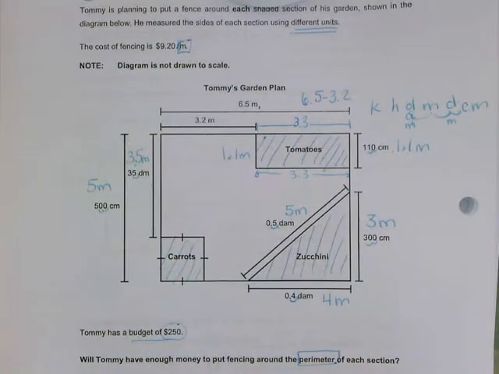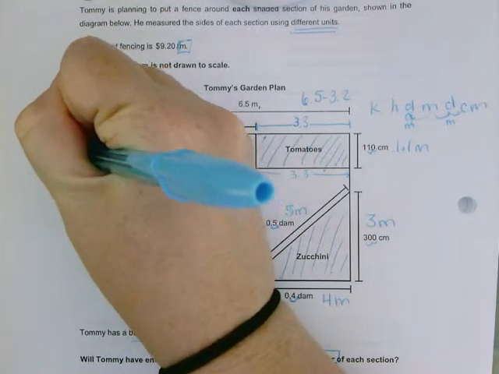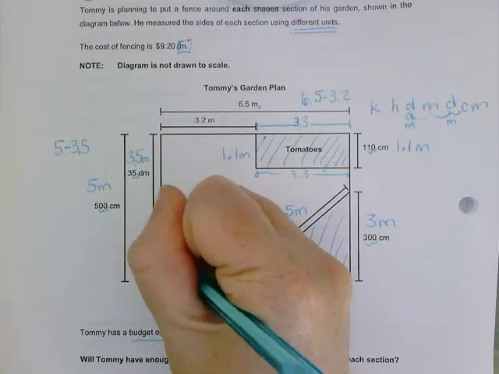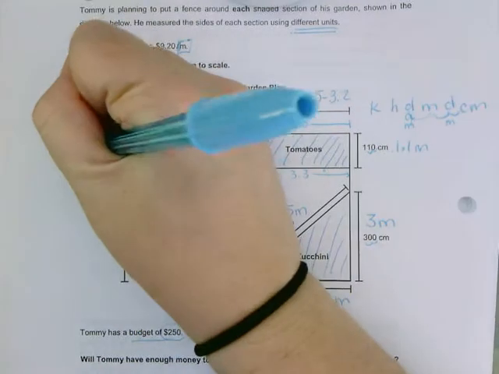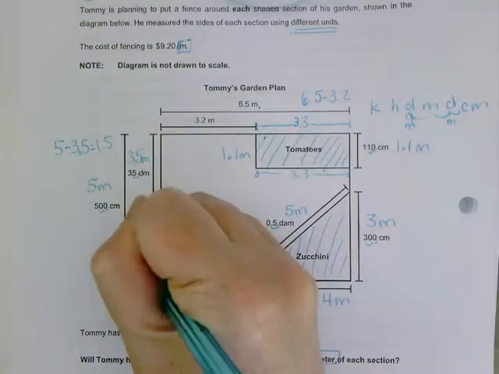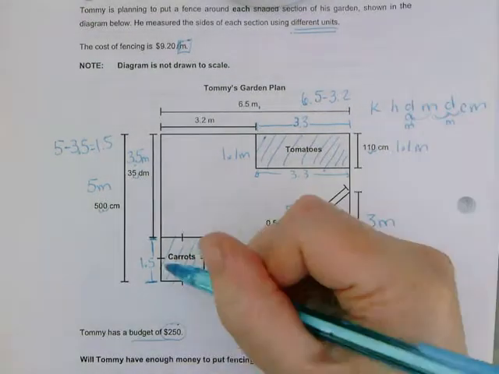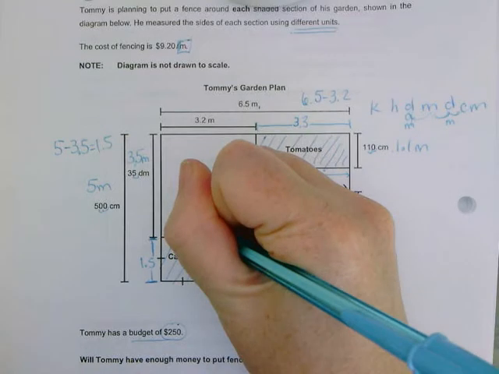Okay, if you do 5 minus 3.5, to figure out how much is left from here to here, that will be 1.5 meters. So this is 1.5. And because this is a square, it's indicating here that all of these lines are the same, so they're all 1.5.